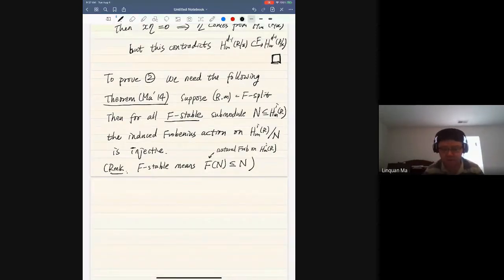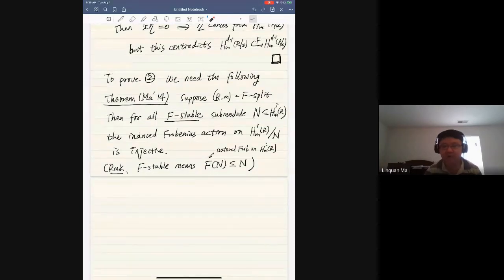So for example, what are F-stable submodules? The local cohomology module itself is a trivial F-stable submodule, and also the 0 module is always F-stable, right? Because F(0) is 0. So basically the conclusion of this theorem is stronger than saying the Frobenius action on H^d_m(R) itself is injective.